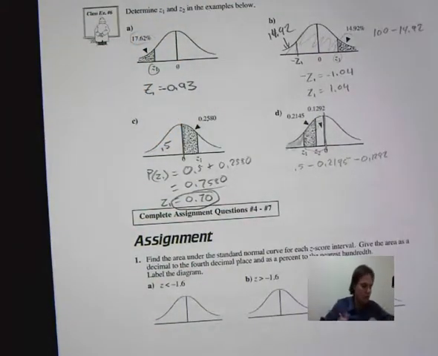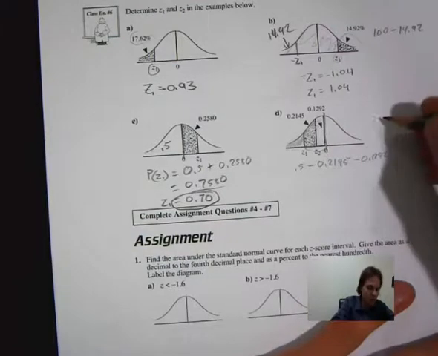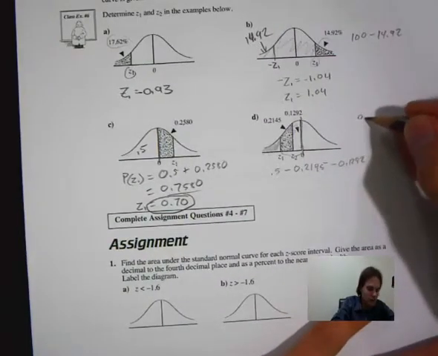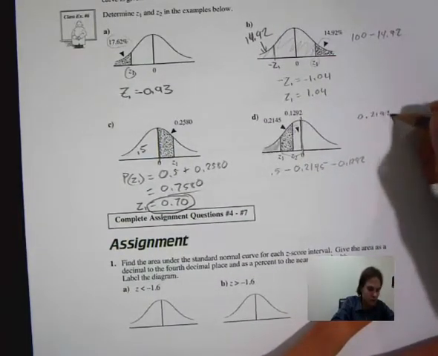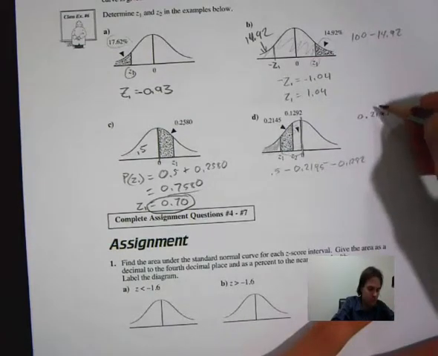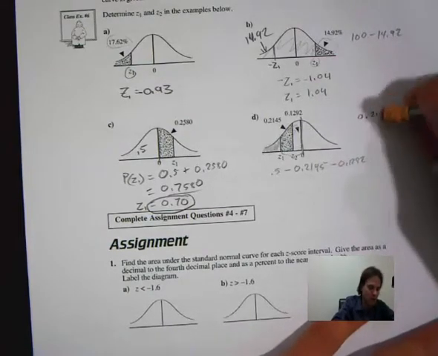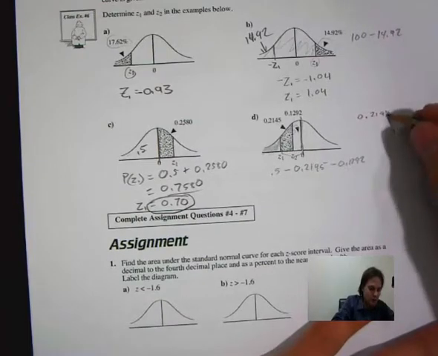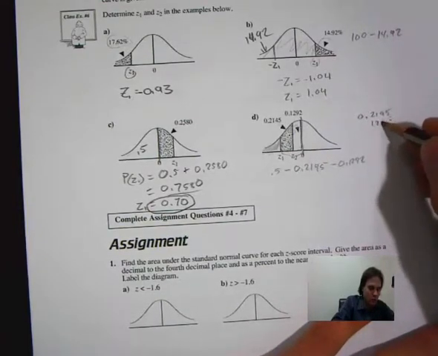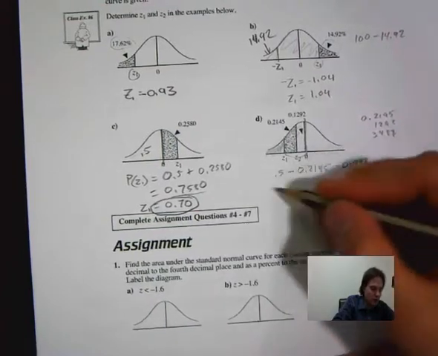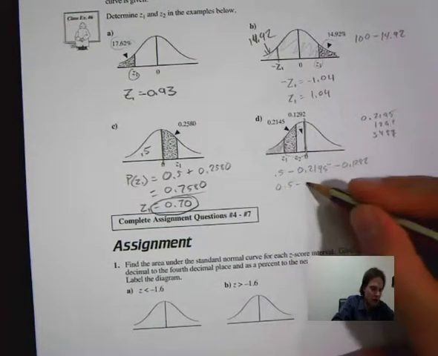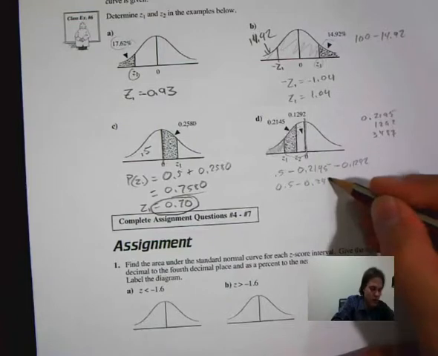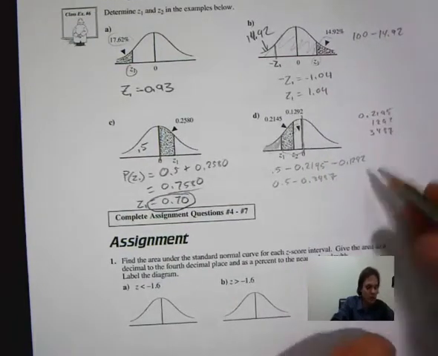Okay, don't really have a calculator here, so I'm going to have to do this very quickly on the side. So I get 0.5 subtract 0.3487. Now I look at that.